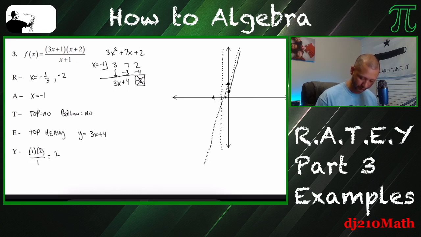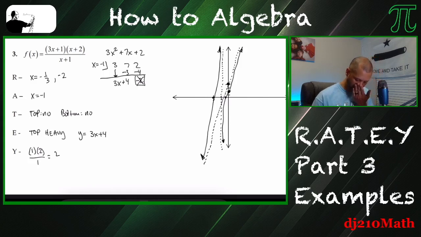It's going to cross, and again be close to the asymptote. And then it's kind of wild.